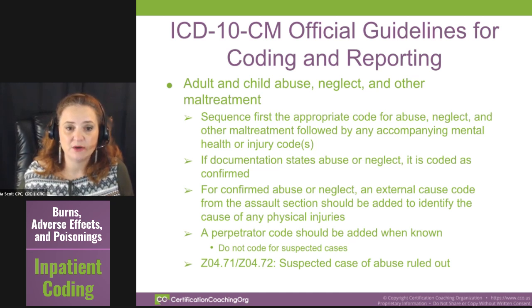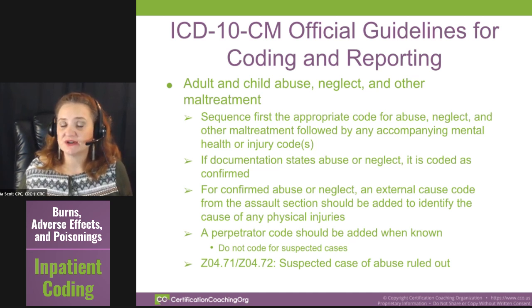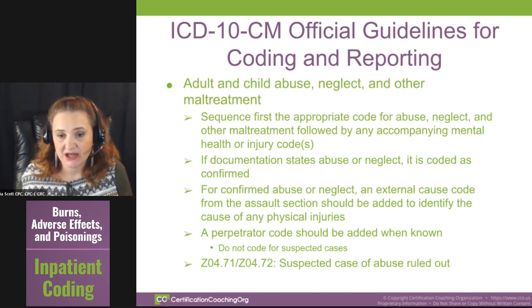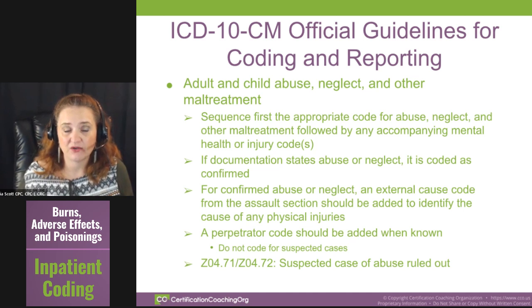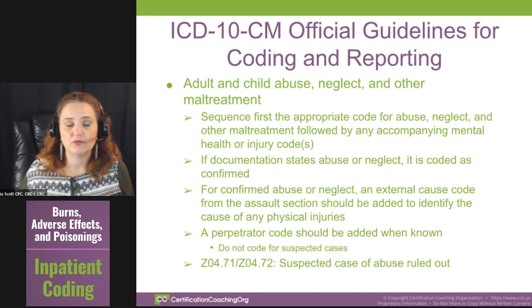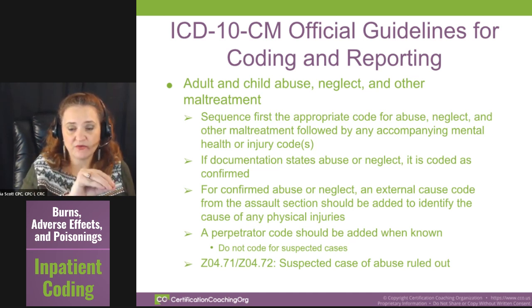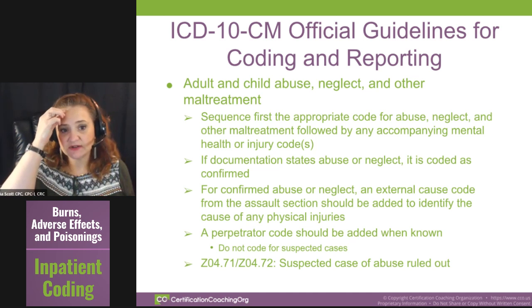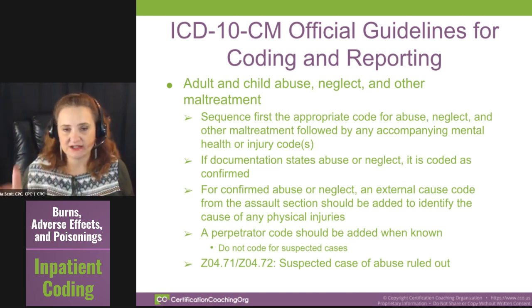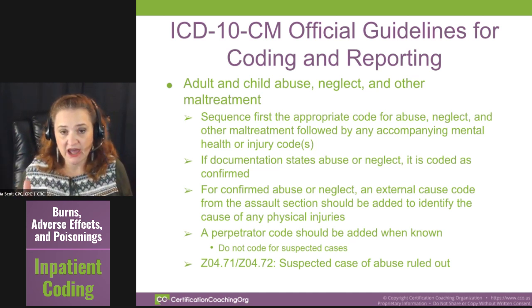So when we have abuse of any kind, neglect or maltreatment, you're going to sequence first with the code for abuse. Now, we need this for statistical purposes, as well as plan of care for the patient and medical decision making. So you're going to code that first, but then if you have any mental health or injury codes, those are going to be sequenced after that.